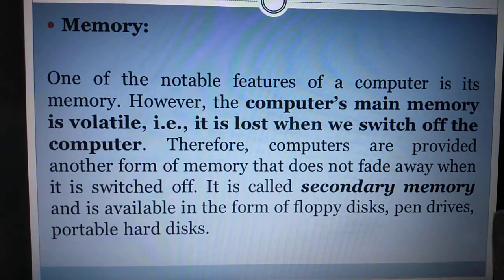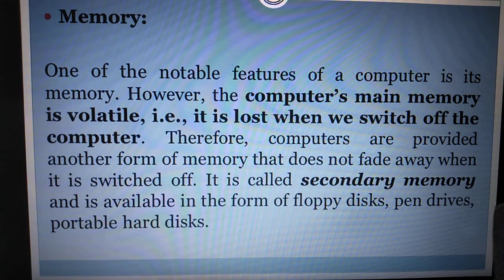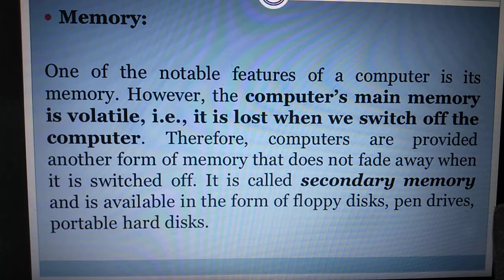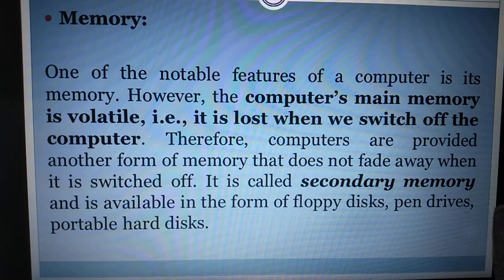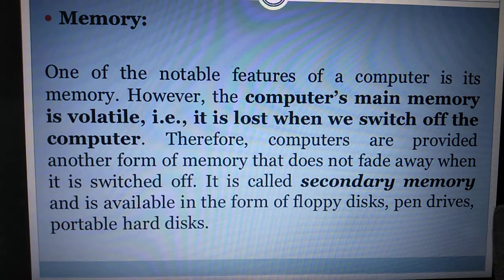The next characteristic of the computer is its memory. The computer's main memory is also called the volatile memory. It is lost when we switch off the computer. Therefore, the computer has been provided with a secondary memory also, so that we can store our data in it and the data does not get erased when the power supply is switched off.